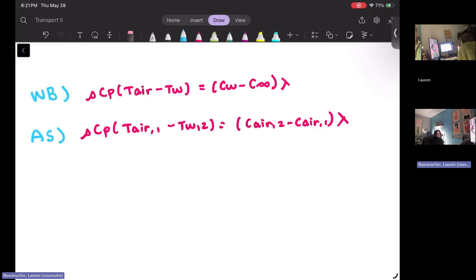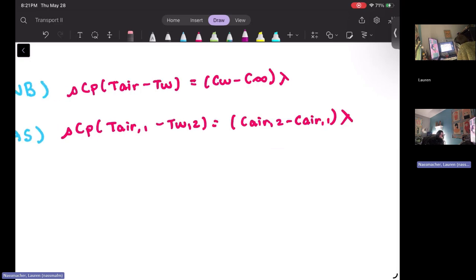Now we're going to create an expression for the molar concentration of air in terms of a wet bulb and a dry bulb. What we can do is we understand that this concentration is 100%, and this relative humidity is 100%.